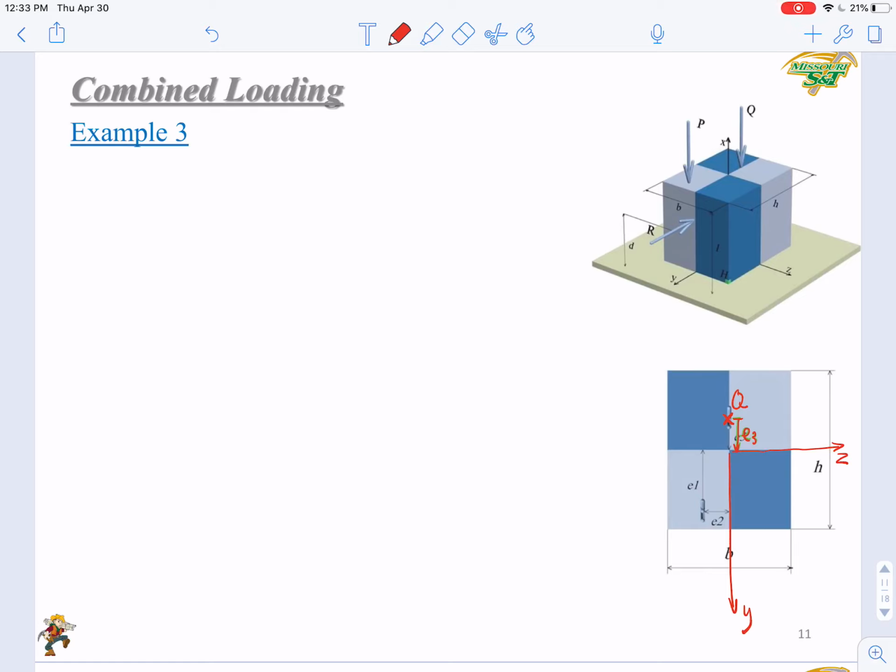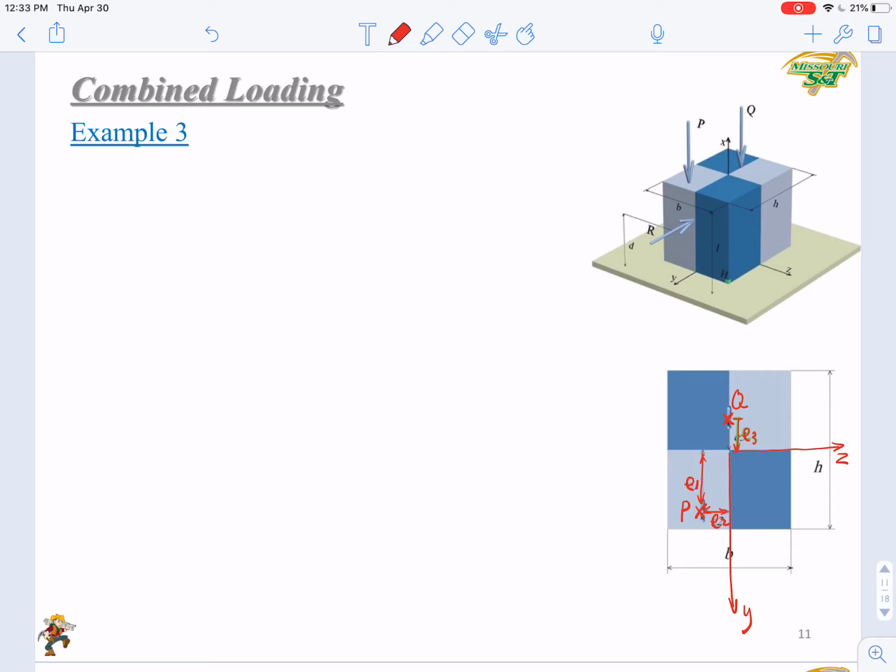And our load P is here, also pointing down, right? And it has a distance to the y-axis, it's E2. And its distance to the z-axis is E1. And we have the third loading R. Where is R?